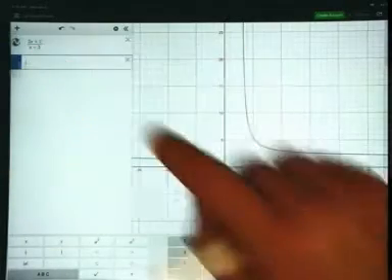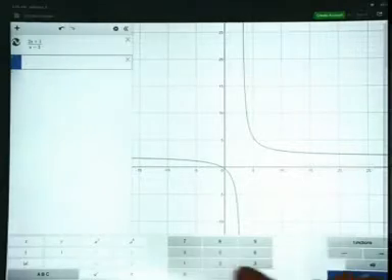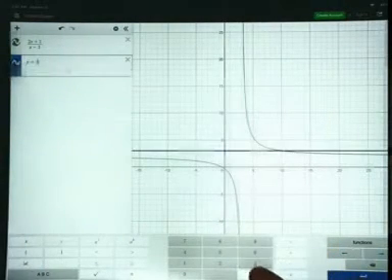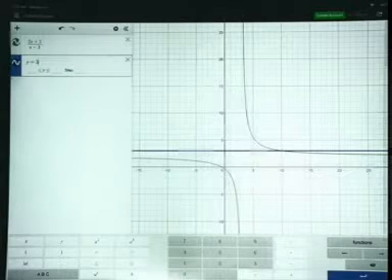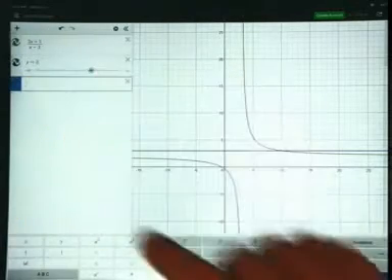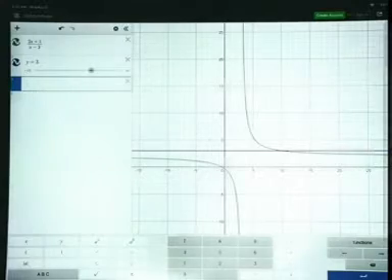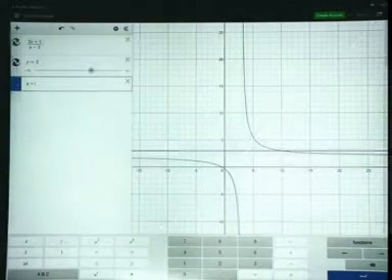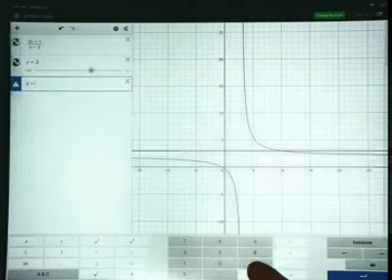So I'm going to graph the line y equal to 3, and I'm also going to plot the vertical asymptote. We have a vertical asymptote at x equal to positive 3.